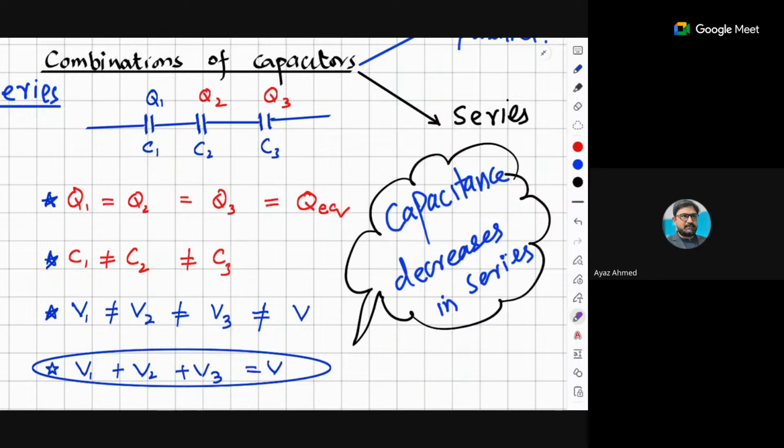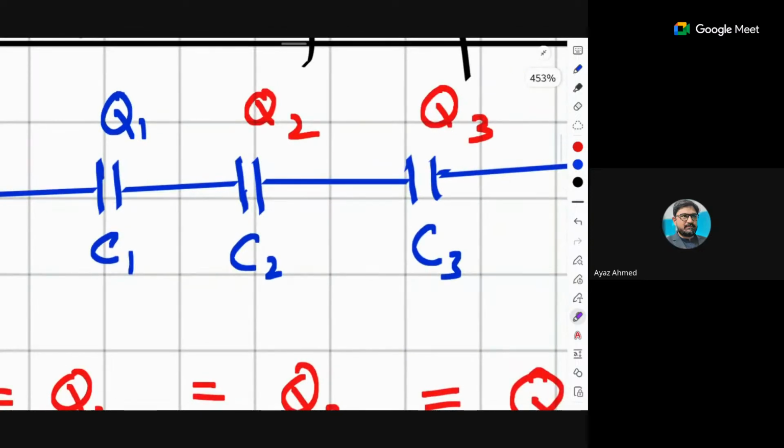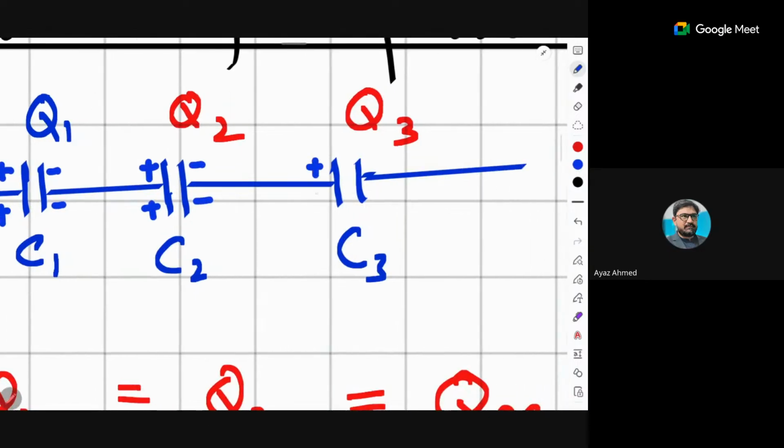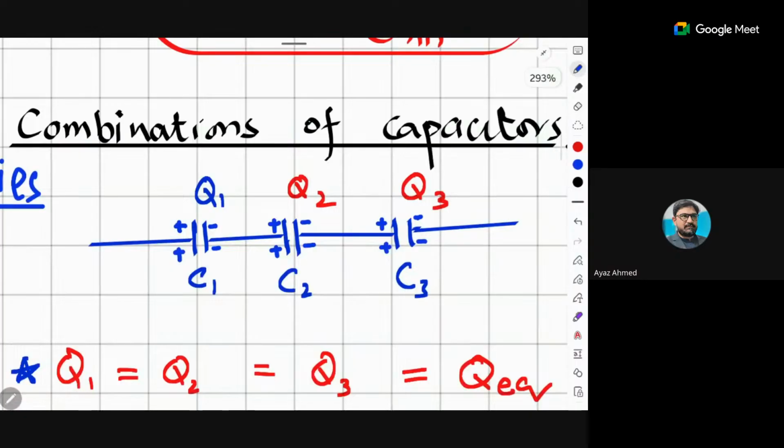As I told you, the separation between the plates increases. For example, this plate got positive charge, this plate got negative charge. Now positive will be shifted here, negative here, positive here, and negative here. So logically, the separation between plate number one and plate number two has increased.